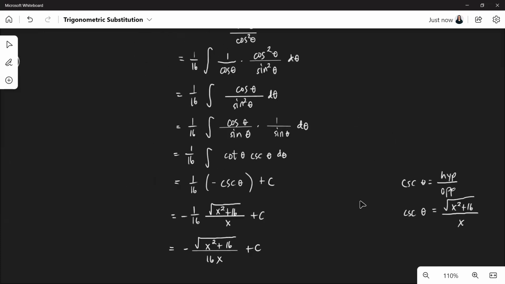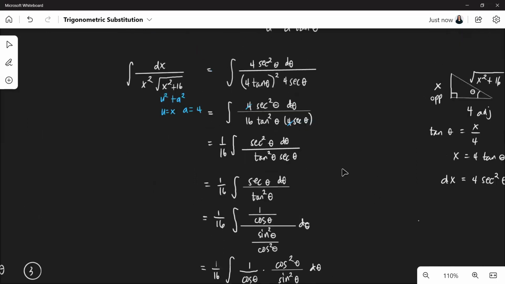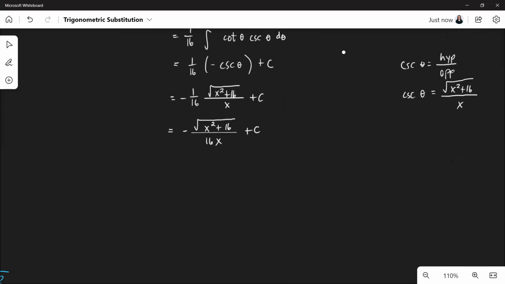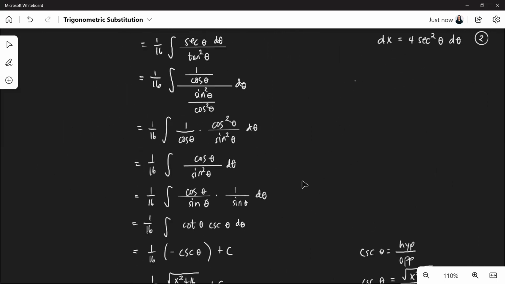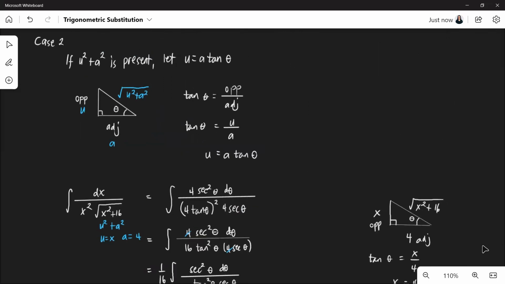So this is the integral of the given dx over x squared square root of x squared plus 16. So that's for the second case, if u squared plus a squared is present.